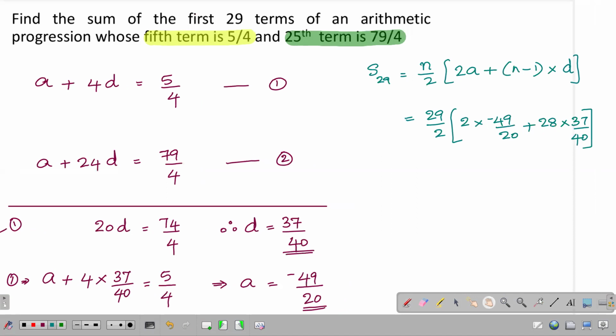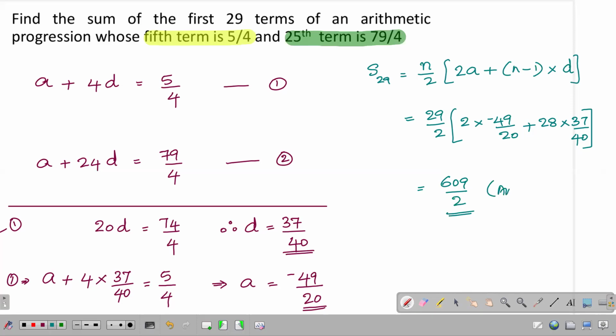This is the calculation that you should be doing. Please observe it closely. n by 2, 29 by 2, 2 into minus 49 by 20, plus n minus 1, that is 29 minus 1 is 28, times 37 upon 40. Upon simplifying and calculating, this will come as 609 divided by 2.